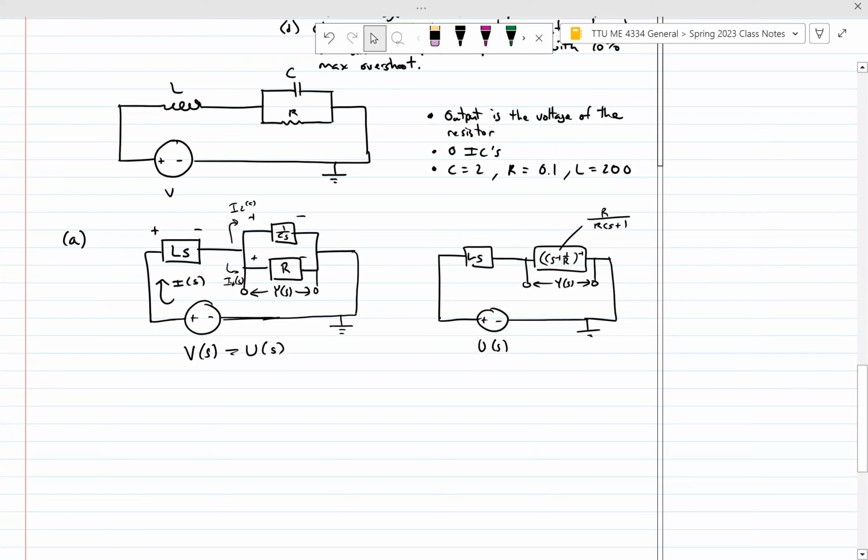Okay. What do we do from here? So this is plus minus, plus minus. This is I of S, right? And suddenly we don't need the current law anymore. Okay, so what is it going to be? What's the form?